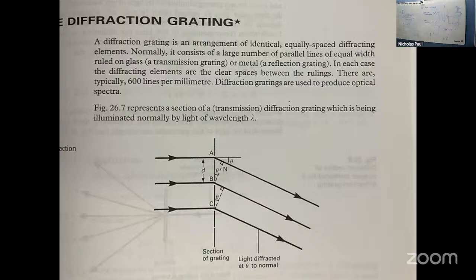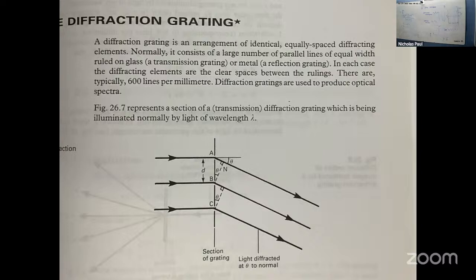One of those is e. Normally, it consists of a large number of parallel lines of equal width ruled on a glass. So you have a glass and you take a cutter and cut it.